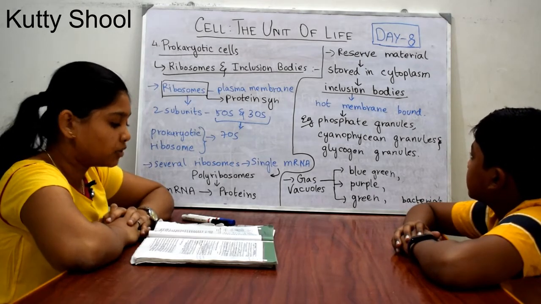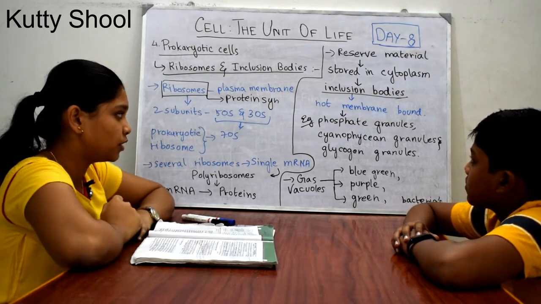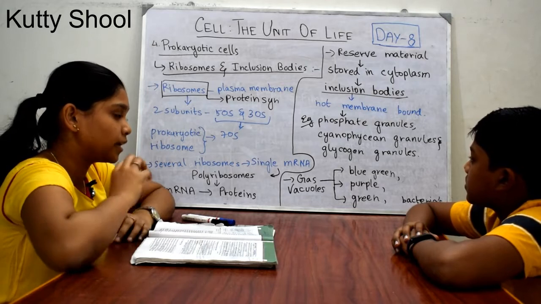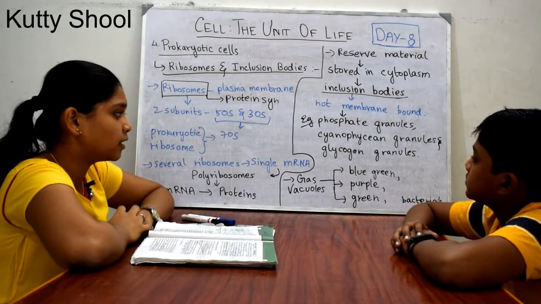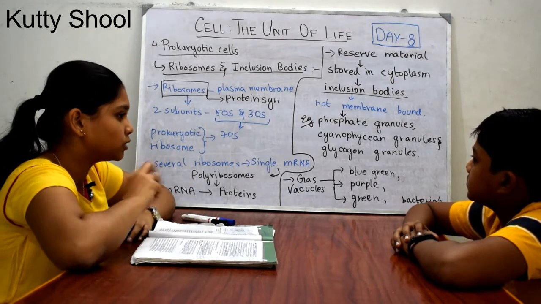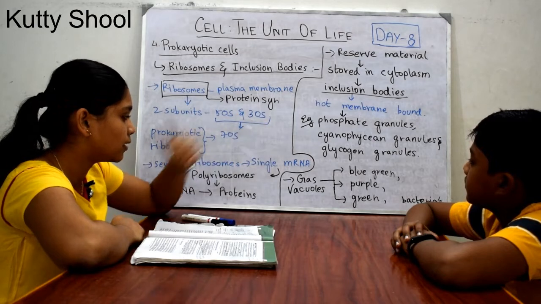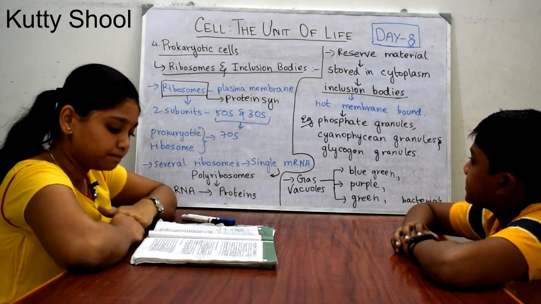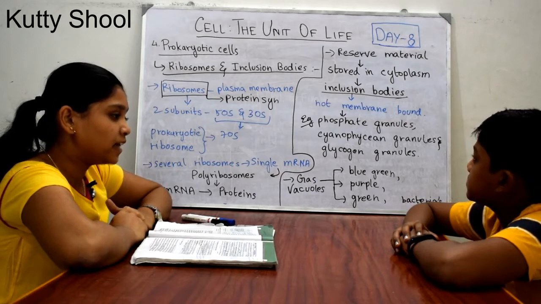Examples of inclusion bodies are phosphate granules, cyanophycin granules, and glycogen granules. Some bacteria have gas vacuoles in them.